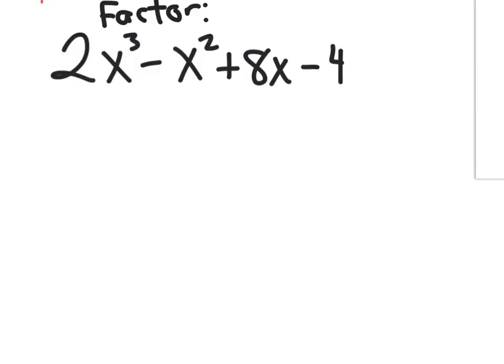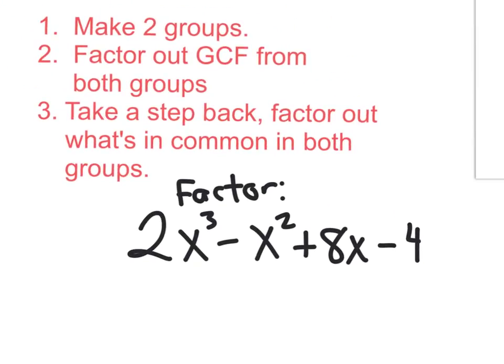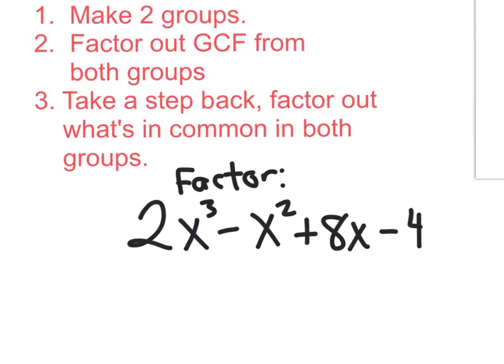Okay? So this is what I'm about to do. I'm going to show you a new method. All right? It's called factoring by grouping. So you guys could jot this down from the video at home. Hit pause, jot down these steps. You first want to make 2 groups. All right? Now, how am I going to make 2 groups?